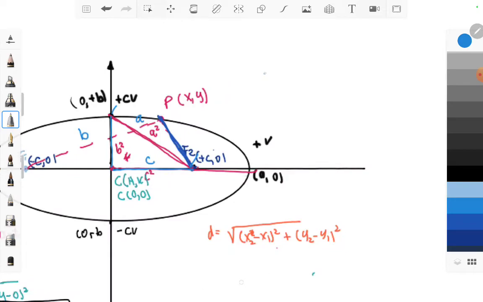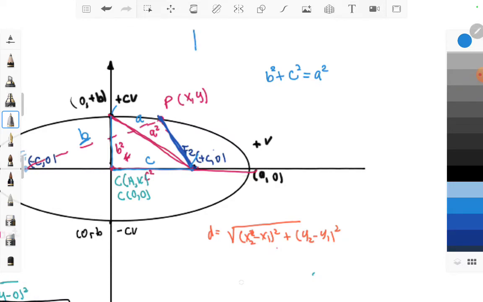By Pythagorean, b squared plus c squared is equal to a squared. Take note of the variables that are used in our ellipse.